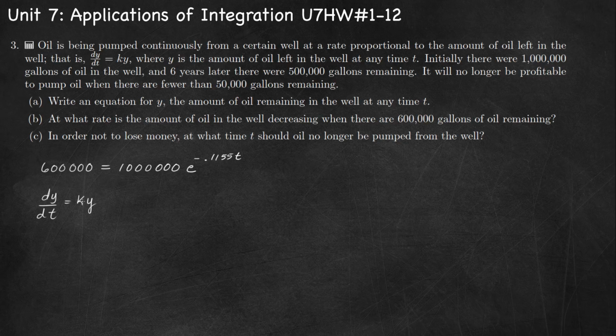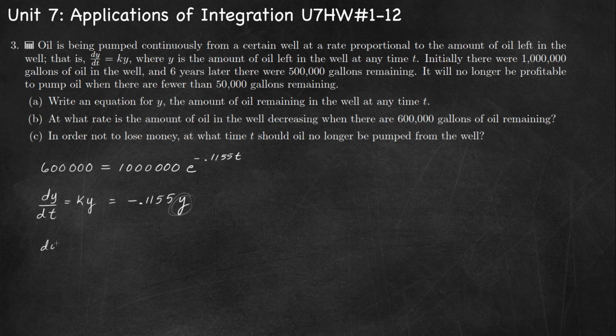All we need to know in order to find the derivative at time t is our k value, which we've already found. So we know that this is actually negative 0.1155y. That's what our derivative equation is now. All we really need to know is a y value, and we can find our derivative at time t. And in this case, our y value is 600,000.